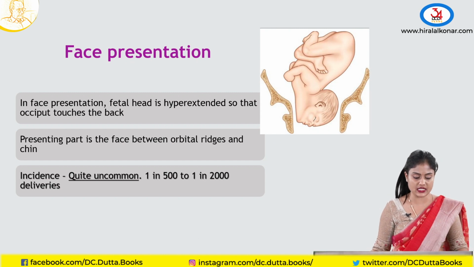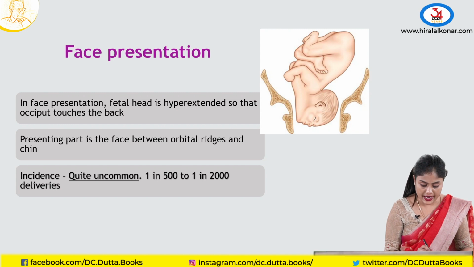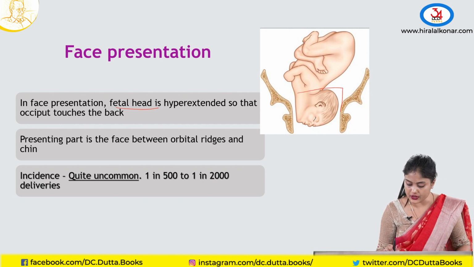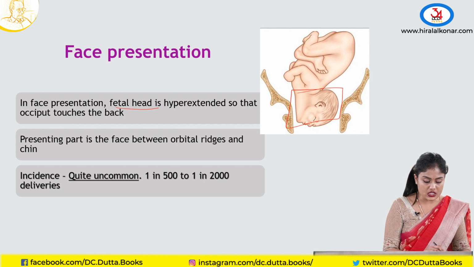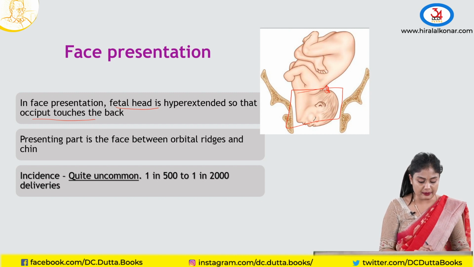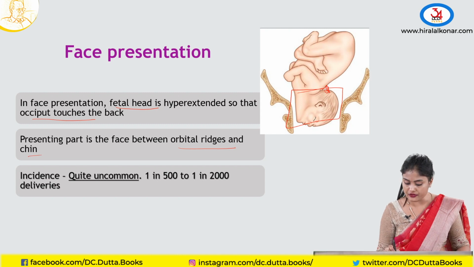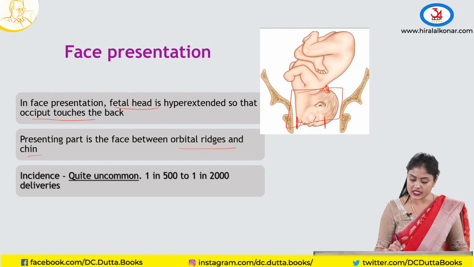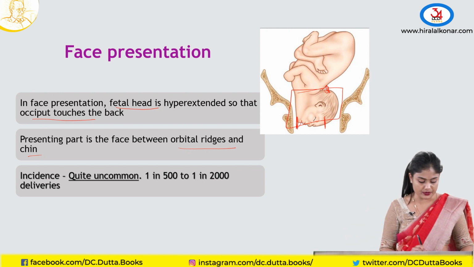Coming to face presentation per se. In face presentation, the fetal head is hyperextended. You can see the head is hyperextended so that the occiput touches the back. Here you can see the occiput is almost touching the back. The presenting part is the face between the orbital ridges and the chin, from here to here, and mentum will be your denominator in face presentation.